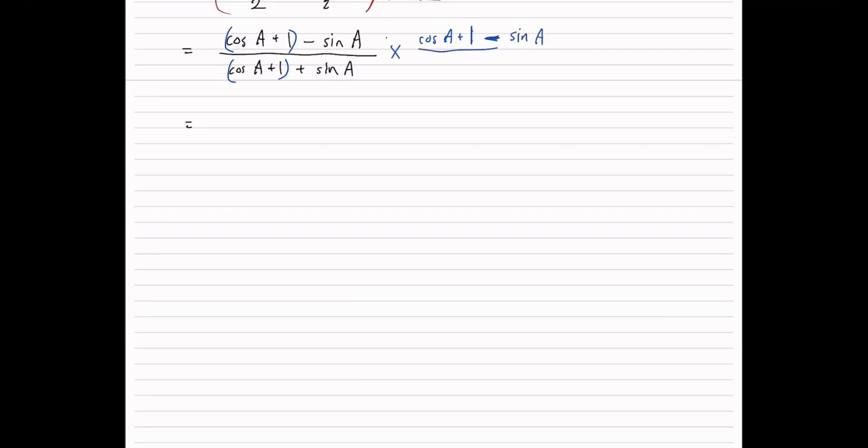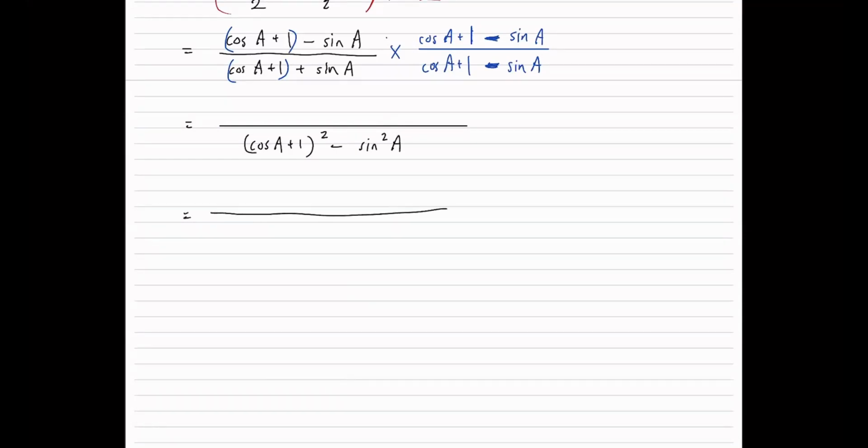Okay, sure. If you stick to minus, the top and bottom must be the same because you are multiplying by a weird format of 1. Denominator becomes what? Rather complicated. This square minus that square. Let's just deal with the denominator all the way.